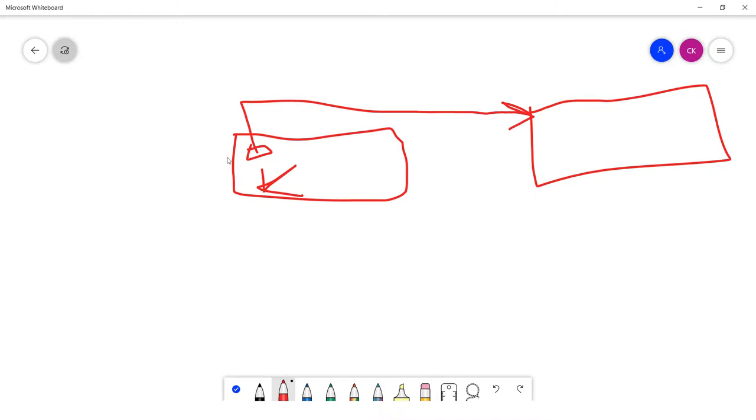The microprocessor does not know that the meaning of this signal is K. Then what does the microprocessor do? It has a special program, and by the execution of the special program it finds out.